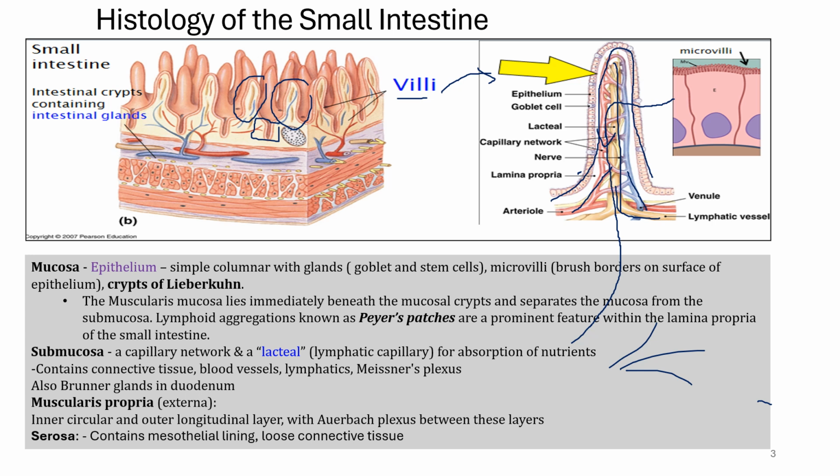Now, I mentioned the Peyer's patches, which are lymphoid aggregates. That's our lymphoid aggregates right here. What that does is help act as our small intestine's first line of immune defense against any microbial or dietary antigens from our food.